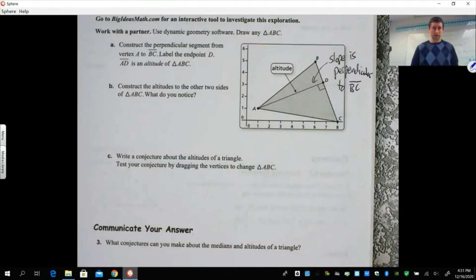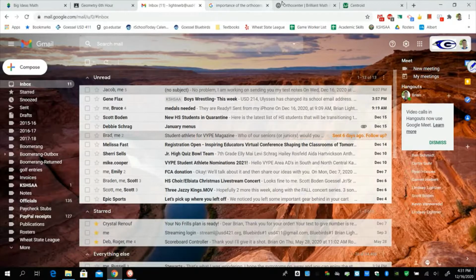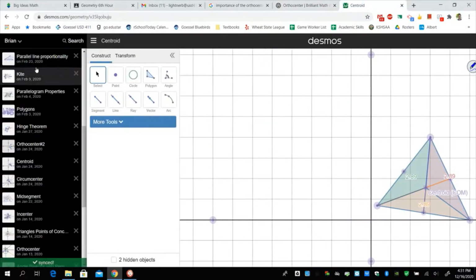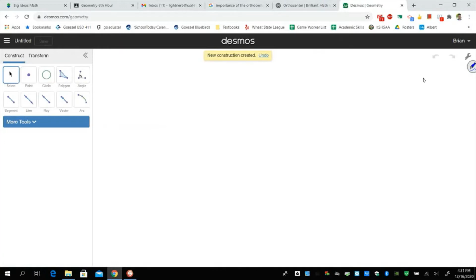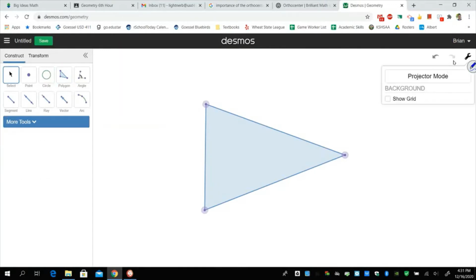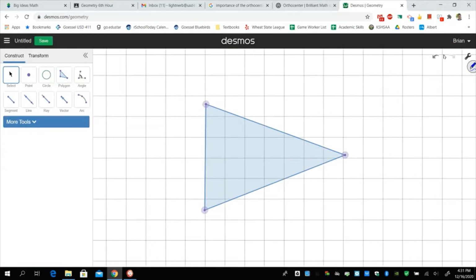So when I go to Desmos, I'm creating these. Let's get a new one here. So I get any sort of triangle. I like the grid on here for some reason. Show that grid.